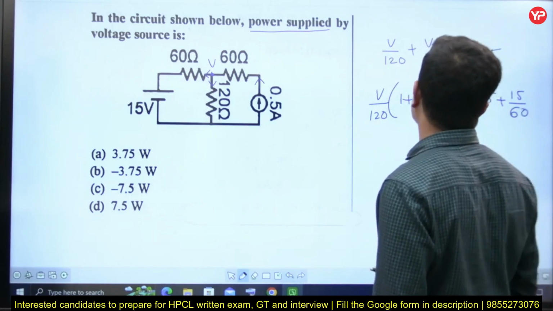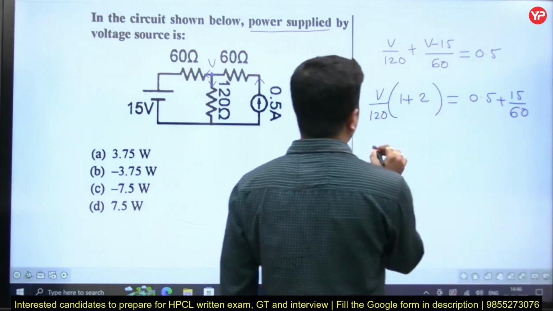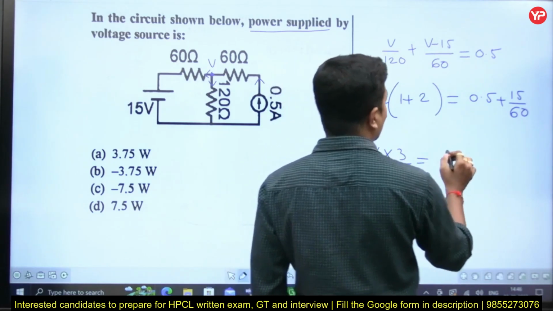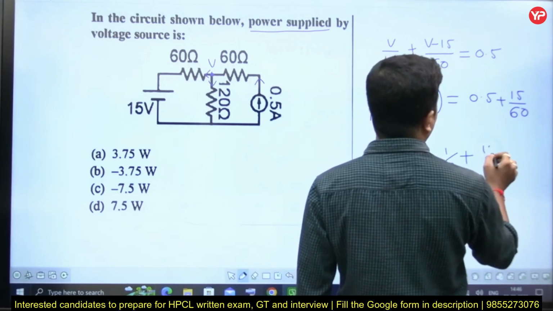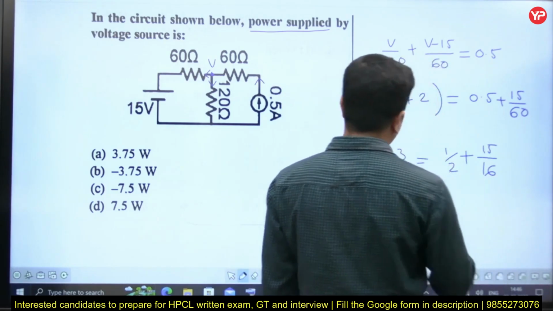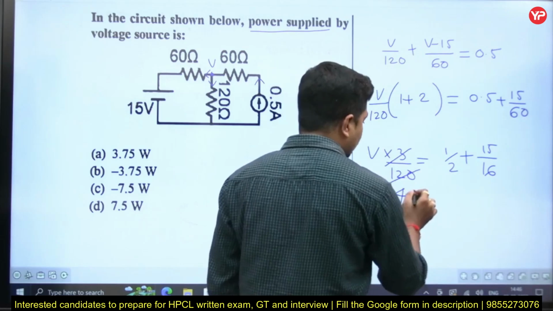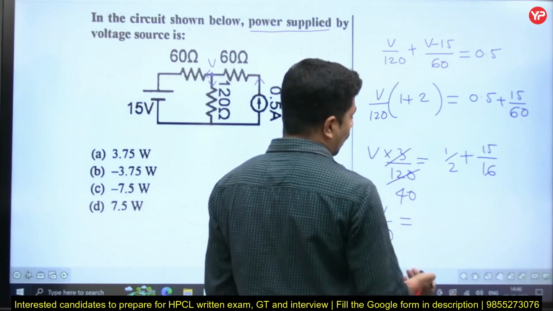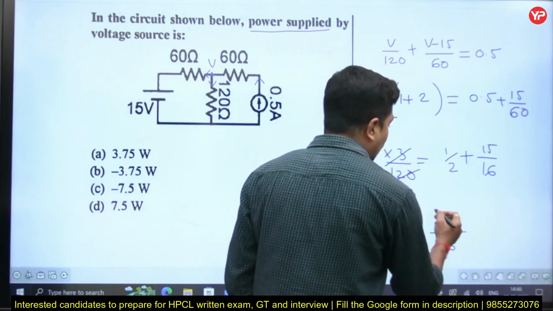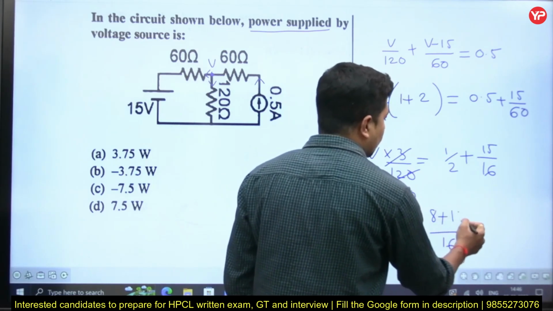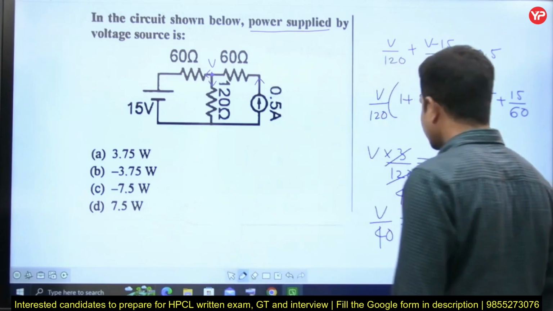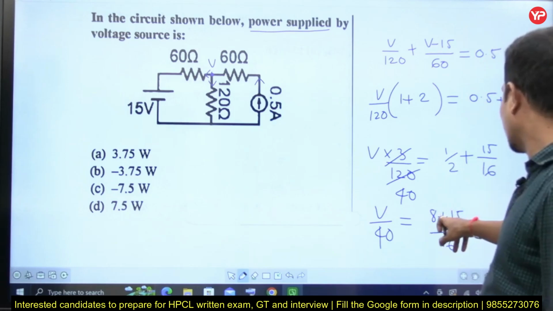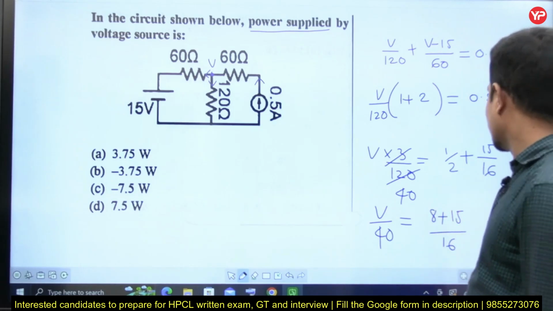So V into 3 by 120 is equal to 1 by 2 plus 15 by 60. So V by 40 is equal to, this is 16, this is 8, this is 15. 8 by 16 is 1 by 2, 15 by 16.